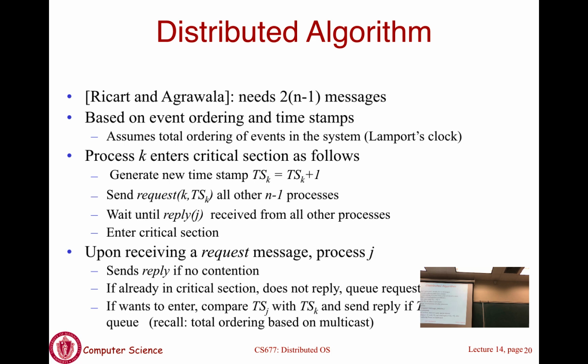Suppose you use a vector clock. Is it possible that a process receives two vector clocks that it cannot compare? Yes. So the question is: if you use vector clocks, what if the process receives two vector clocks that are not comparable? If you get two vector clocks that are not comparable, they are concurrent events. You still need a tie-breaking rule. A tie-breaking rule could be the same: you take the process ID and the one with the lower ID wins.